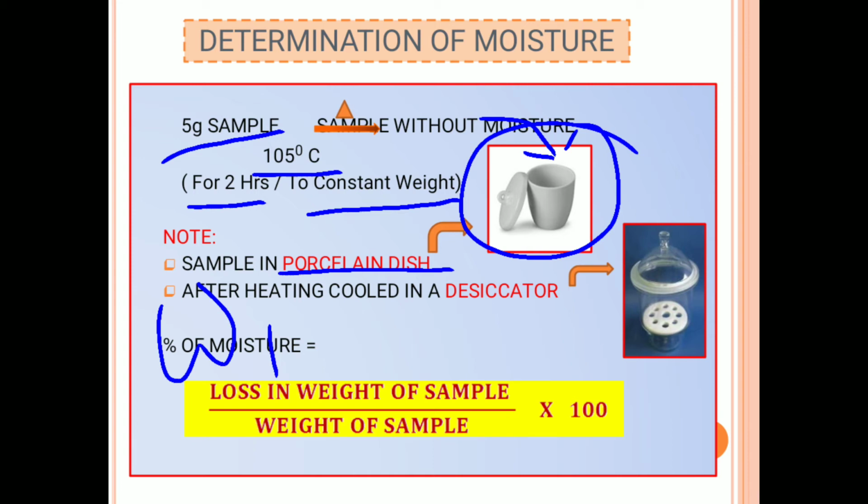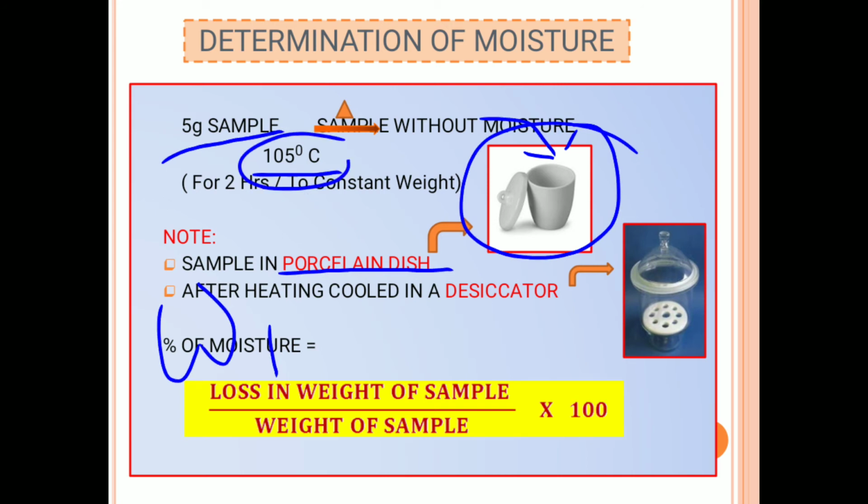As you know, you need to analyze the moisture content. Moisture is nothing but the matter of water particles which are present in the sample. As you know, the boiling point of water is 100 degrees Celsius.